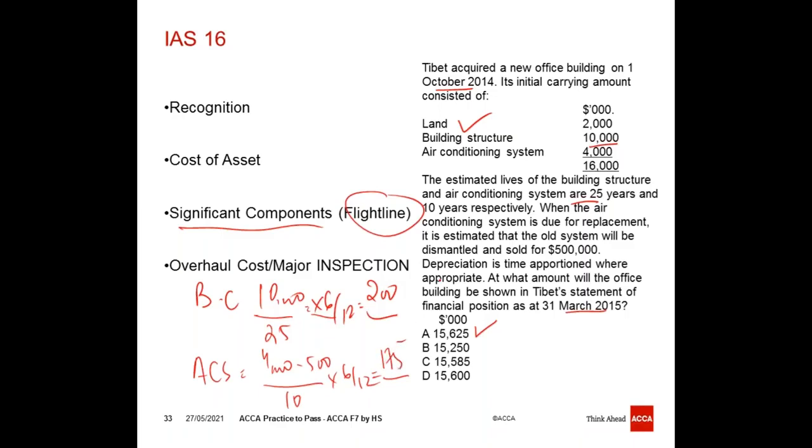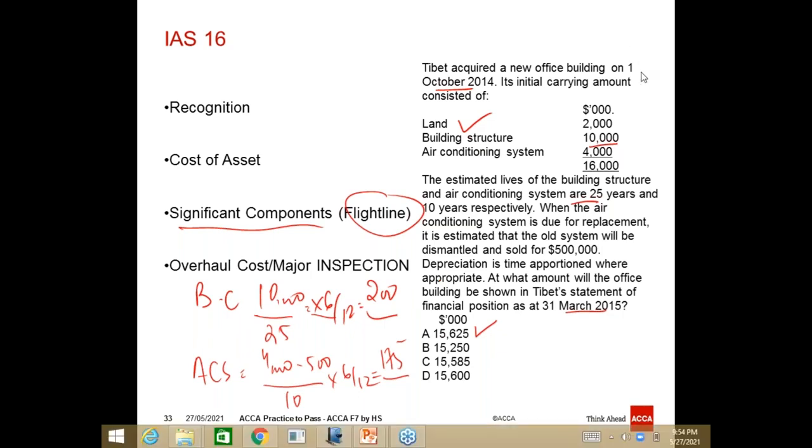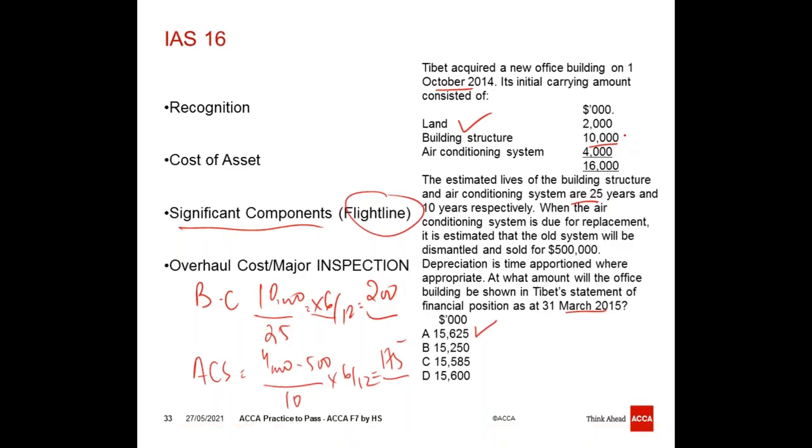Wonderful. So the 2000 will remain the same. From the building structure, we have to deduct 200, and from here we have to deduct 175. So the answer will be A. I hope it's clear now. Is it done?